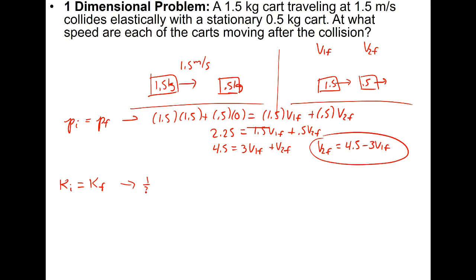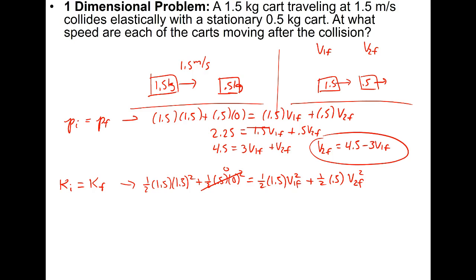So, this means that 1/2, 1.5, 1.5 squared, plus 1/2, 0.5 times 0 squared, so that's still gone, is equal to 1/2, 1.5 V1 final squared, plus 1/2, 0.5 V2 final squared. Okay, so now we have some somewhat nasty algebra to do.